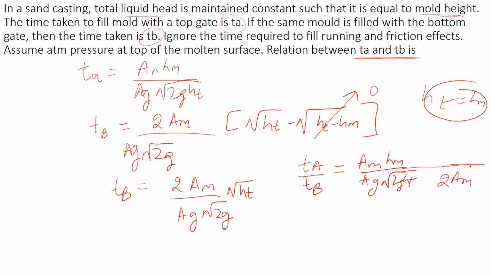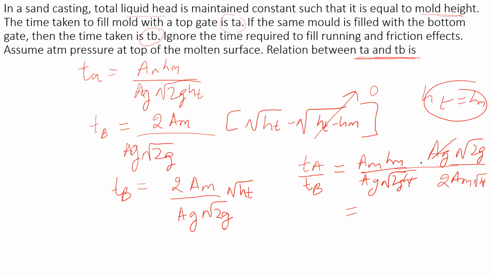Wait, I have made one mistake. The bottom gate is 2AM under root HT upon AG under root 2G. Yes, it is right. So TA by TB, what are you getting? This is TB, 2AM under root HT, and this is AG under root 2G.